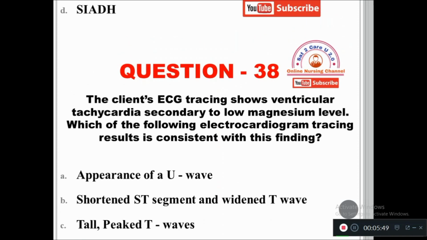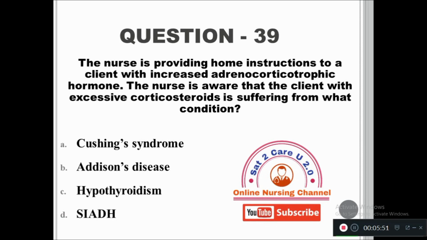Question number 39. The nurse is providing home instructions to a client with increased adrenocorticotropic hormone. The nurse is aware that the client with excessive corticosteroids is suffering from what condition? Option A, Cushing syndrome. B, Addison's disease. C, hypothyroidism. D, SIADH.